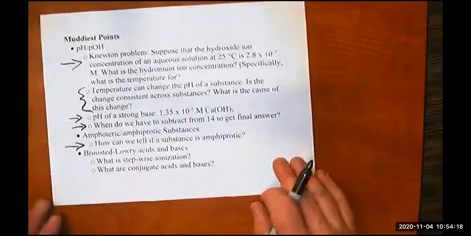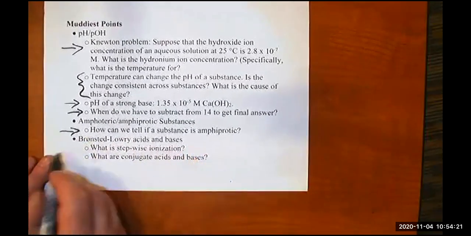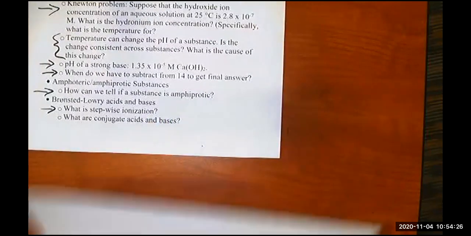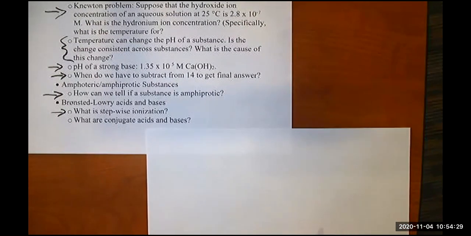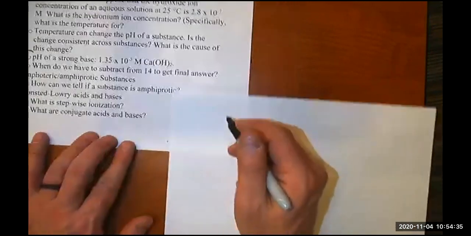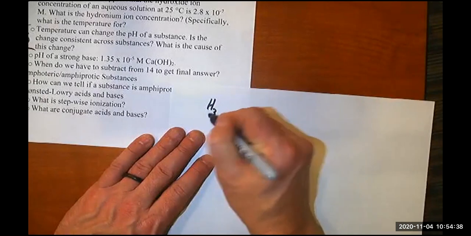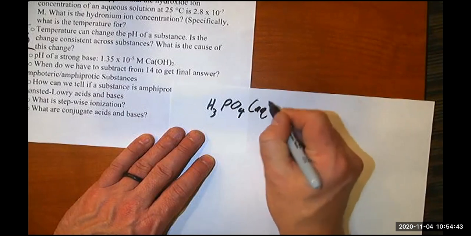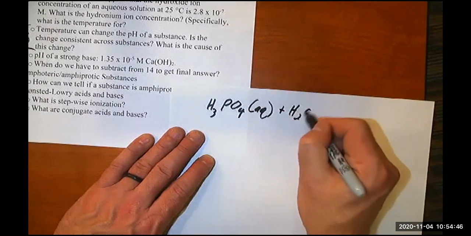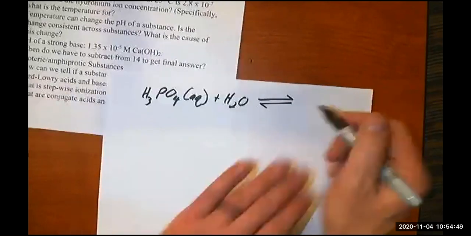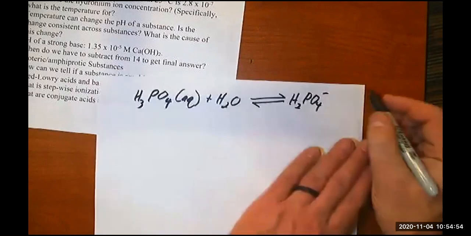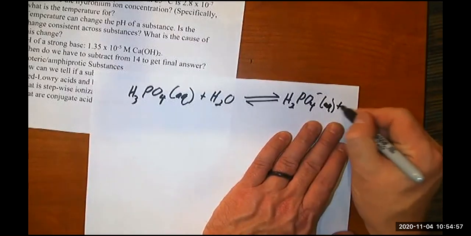Okay. All right. Some questions about stepwise ionization. This is getting at something like polyprotic acids. Let's look at an example, say phosphoric acid. We can imagine one of the hydrogens acting as an acid.